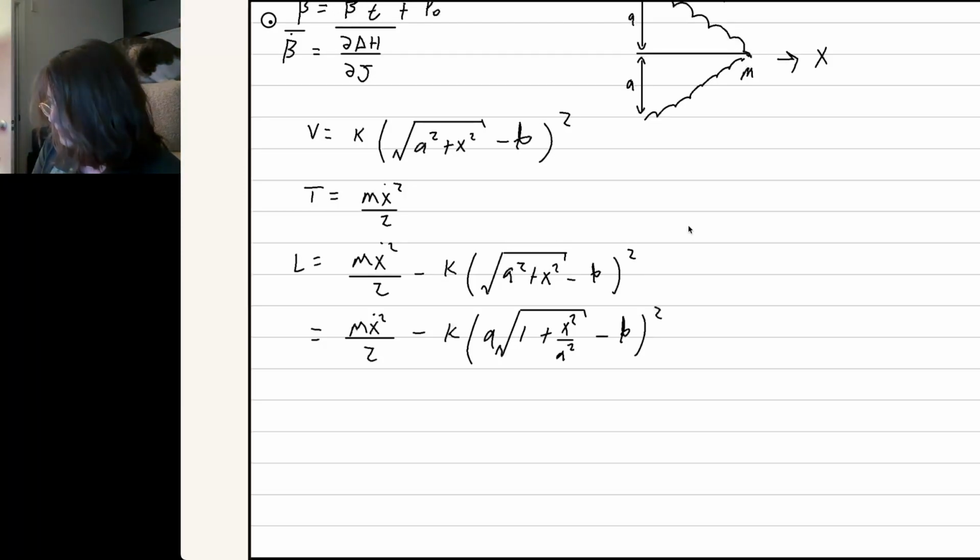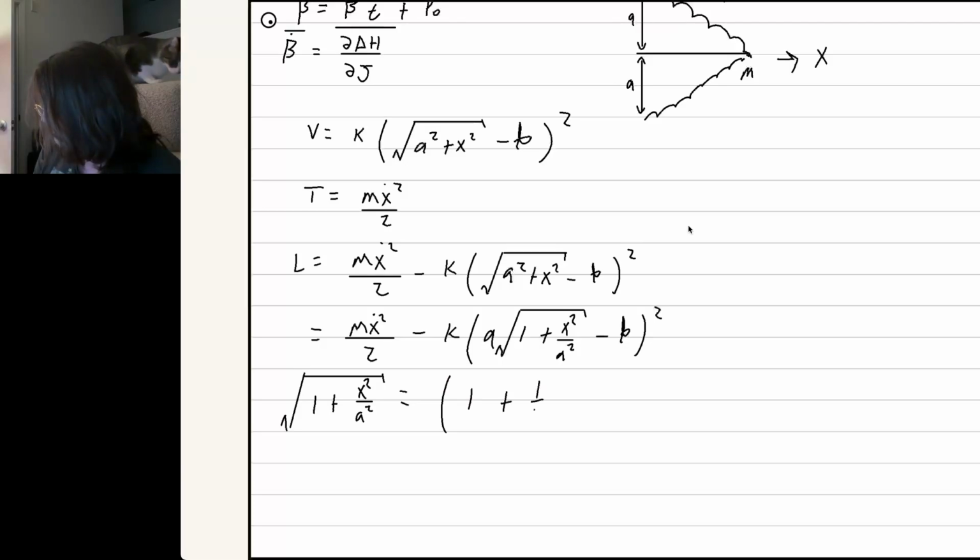That's going to look like: square root of 1 plus x squared over a squared will be equal to 1 and then 1 over 2 x squared over a squared, minus 1/8 x squared.